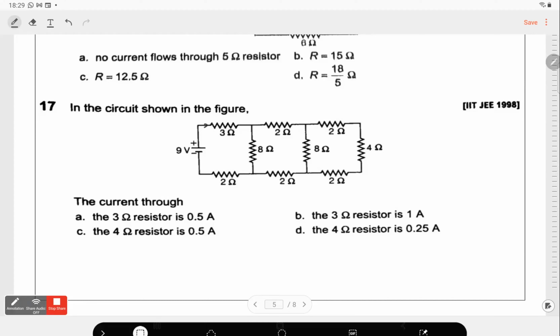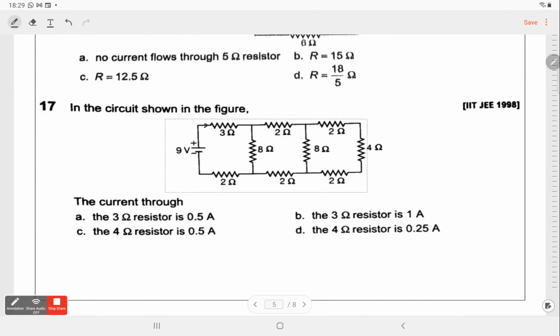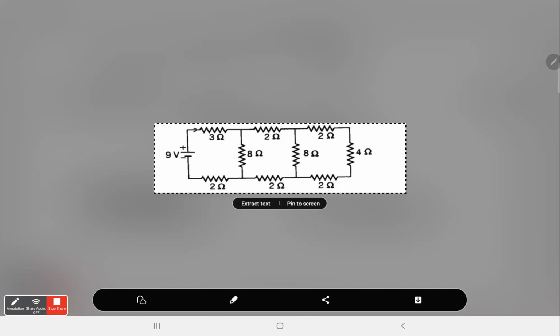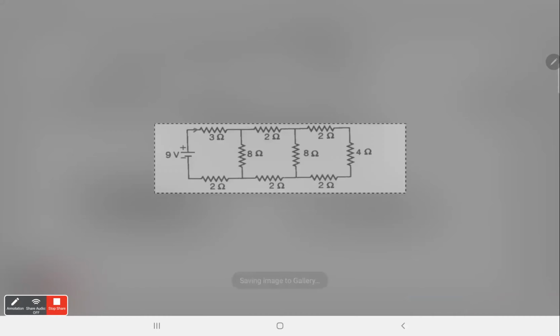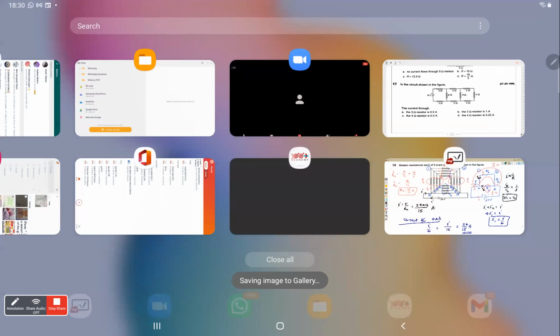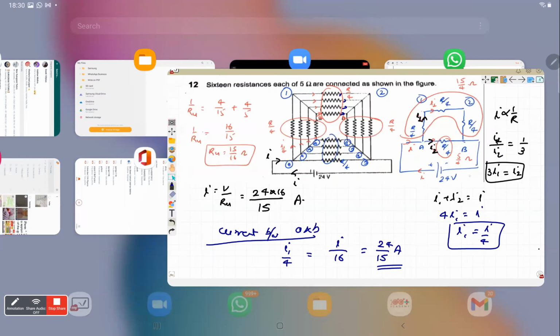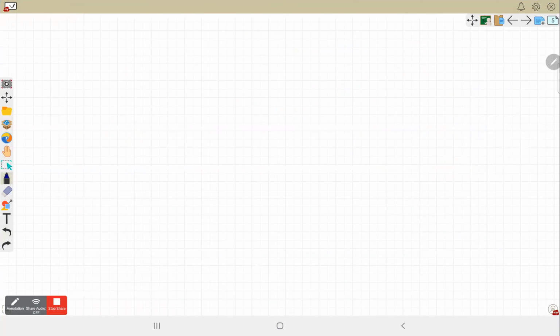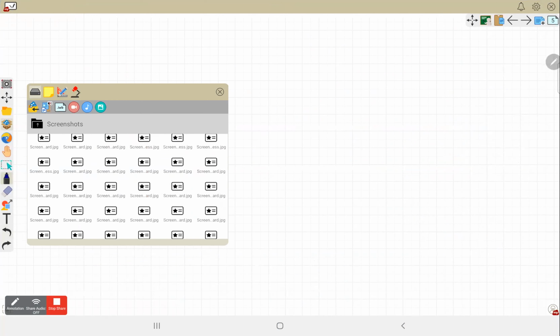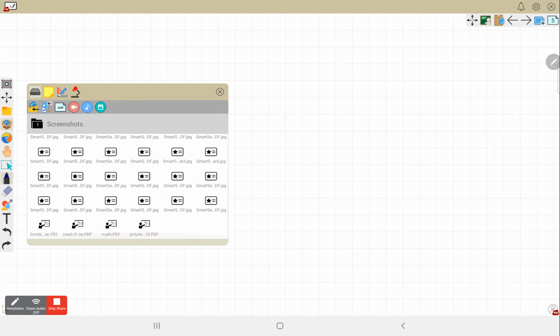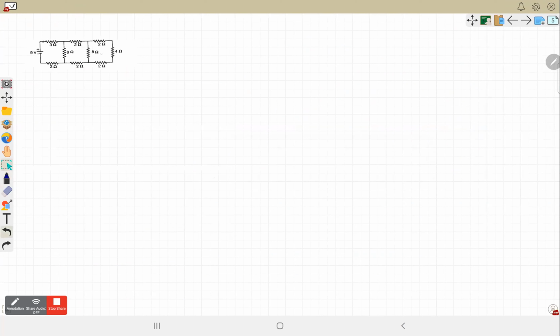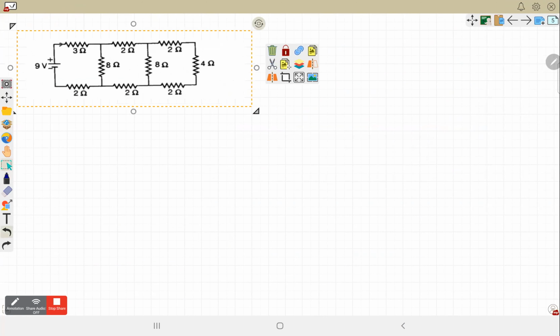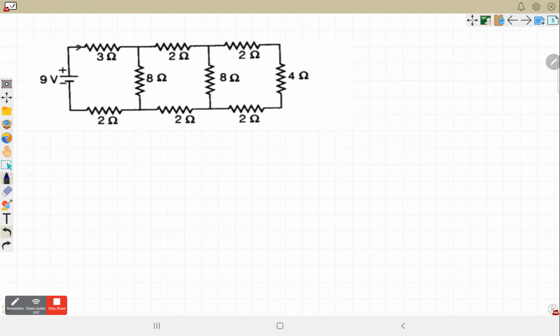We will reduce this circuit step by step. By symmetry we can see that the last branch has resistance of 8: 4 plus 2 plus 2, that is 8. 8 and 8 in parallel becomes 4.